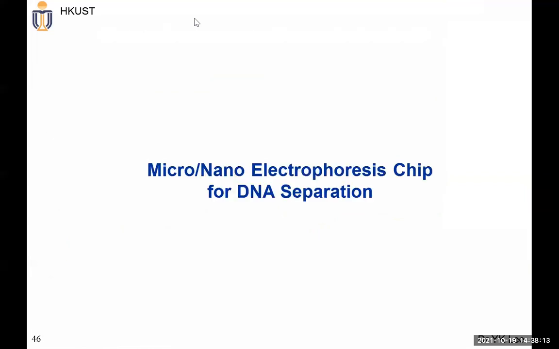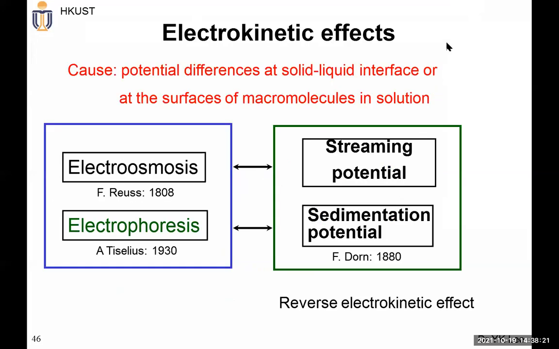And then of course, we just quickly show you another branch of microfluidics, which is microelectrophoresis, or nano. Last time we quickly mentioned that there are four phenomena in this electrokinetic behavior: electroosmosis, electrophoresis, and the reverse process of electroosmosis, which is streaming potential.